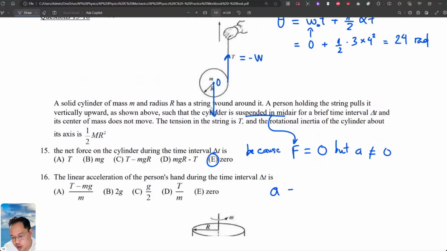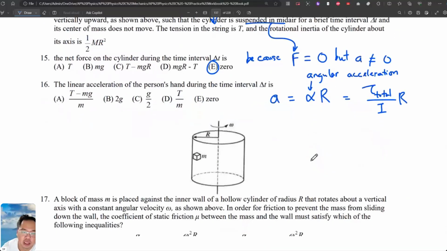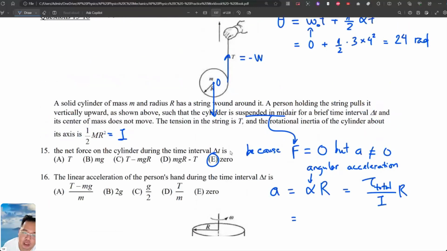Again, to find that acceleration, we use this formula, angular acceleration alpha times the radius. This angular acceleration is equal to the total torque divided by the moment of inertia I. I is given already, which is 1/2 mr squared. So we need to find the torque. The torque compared to the axis of rotation, which is the center, is simply the tension times the radius.